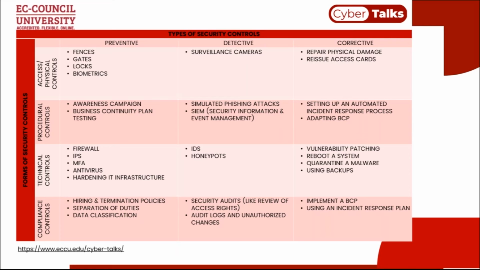Then the last one, compliance controls. In the preventive type, you can hopefully have hiring and termination policies, where employees know what they have to do when they start or stop working. Hopefully you also have separation of duties. That's very important.